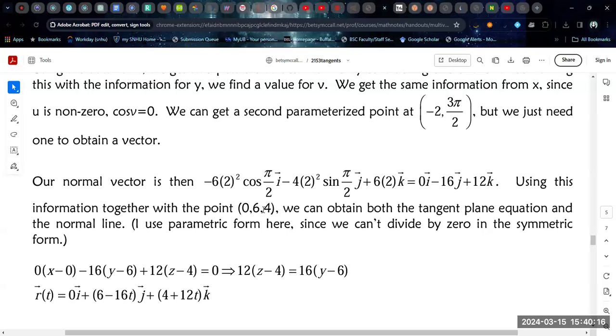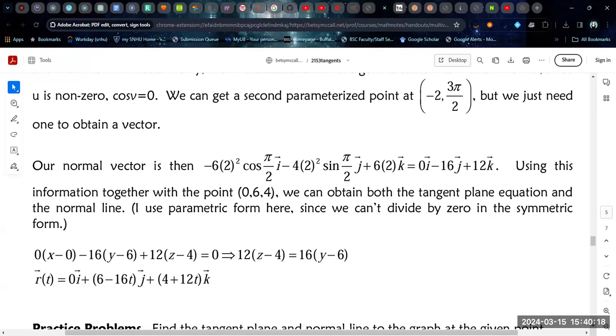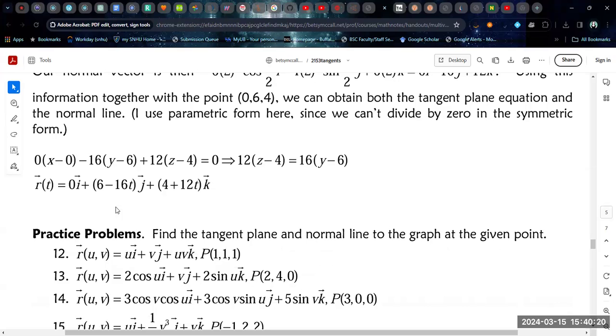And then together with the point that I was given, I put that into my plane equation in rectangular form. So 0 times (x minus 0), minus 16 times (y minus 6), plus 12 times (z minus 4). And this simplifies a little bit, but this is my plane equation. And if I want to write the equation of the line, I can't do that in symmetric form because I would divide by 0.